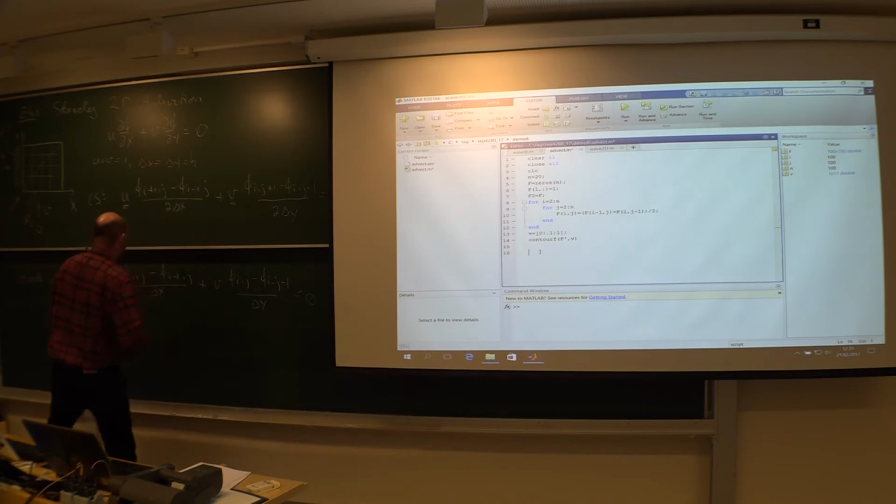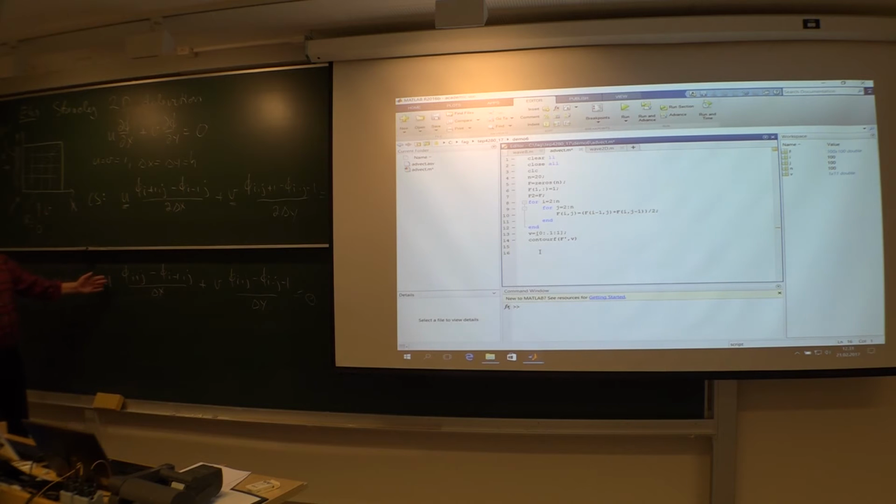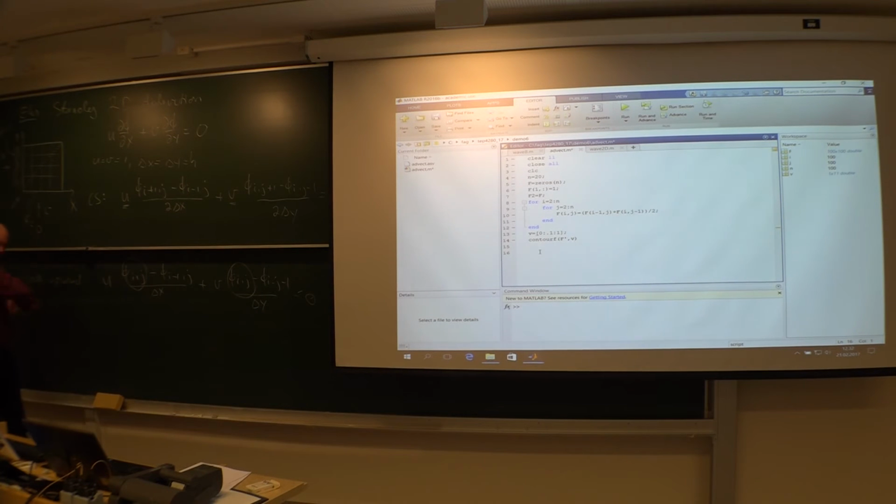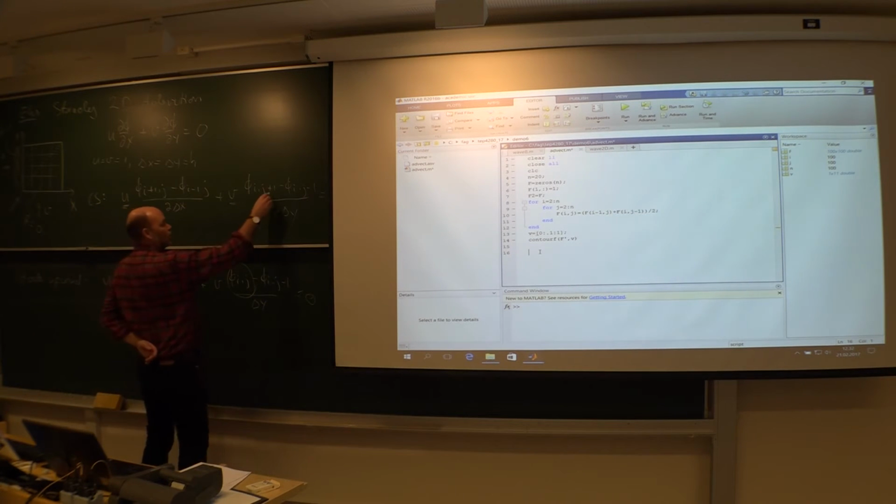So normally what you would do with a given equation, you will focus on the center point. You will pick up the center point and write it on the form center point equals, and then everything else on the other side. Here you don't have the center point, so you have to choose another one. So here I chose this one.